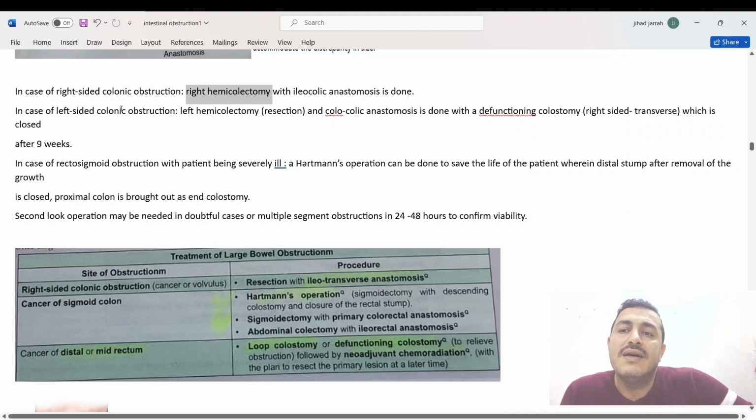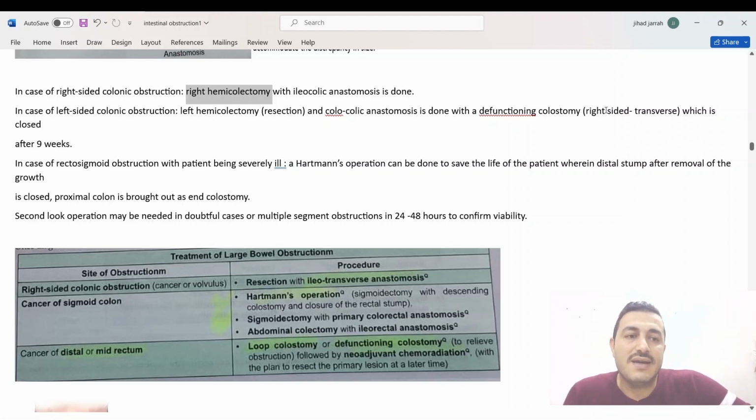If we have left side colonic obstruction, where is it? They mean the sigmoid, for example. If we have left side, left hemicolectomy with colocolic anastomosis is done with a defunctioning colostomy. The colostomy is done in the transverse colon. Actually, a leak in the distal part of the abdomen is devastating, and leak is less common in right-sided anastomosis.